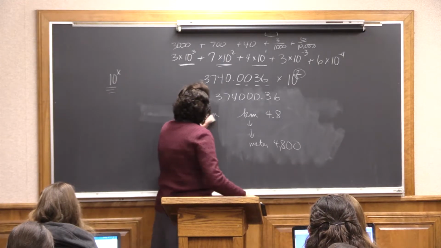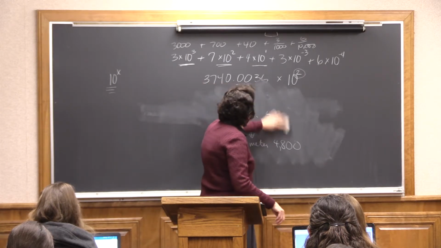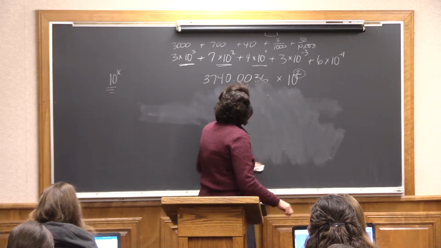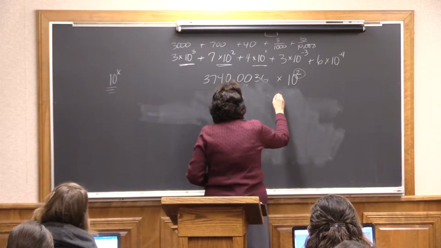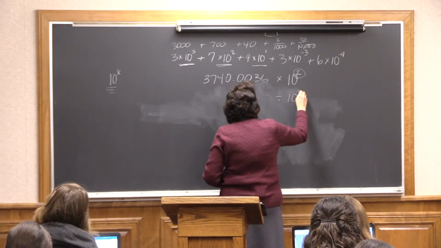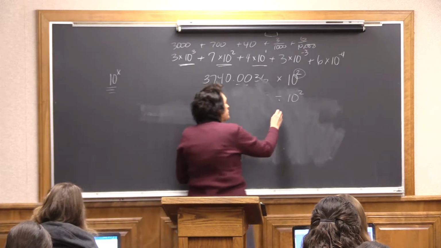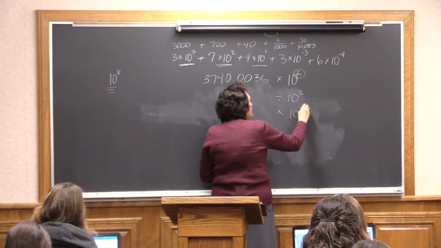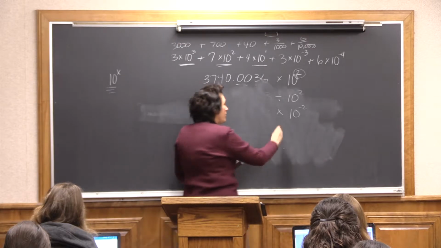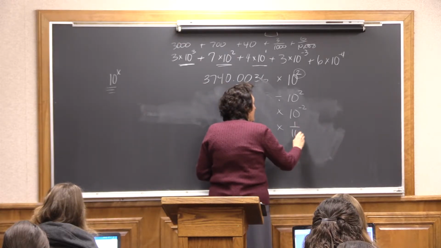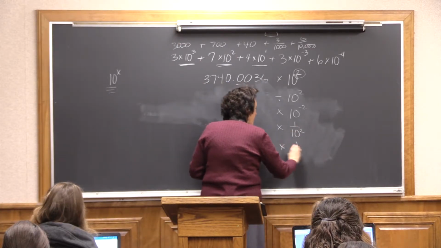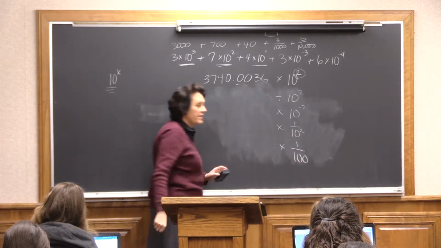All right, so what if I take my number and divide it by 10 squared, divide it by 100. There's no difference between these two, is there? Or actually, there's no difference between these 3 or these 4. They mean the same thing.